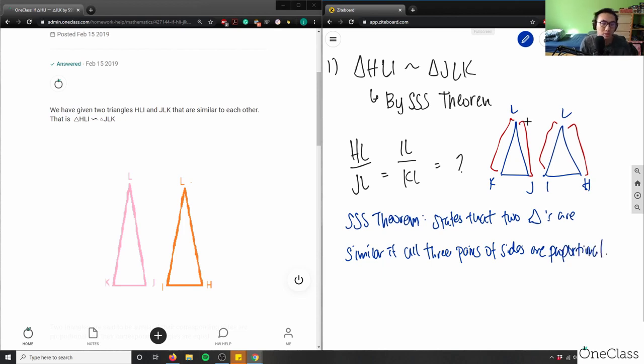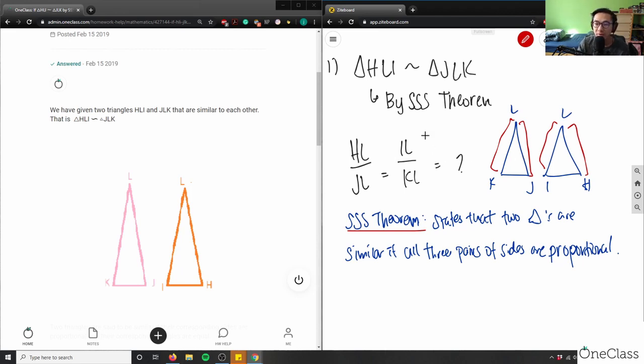When we talk about proportional, it's simply a fraction like HL over JL. So for the SSS theorem to be true, we need all three pairs of sides of the triangle to be proportional.